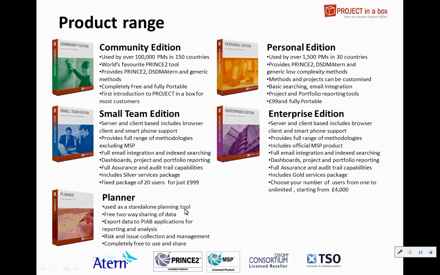And the last part of this picture is Planner. Planner is provided free across the entire range, to encourage people to collect and manage their plans, risks and issues in a more structured, professional way. It can be used very lightly, or in a more heavily structured way and personalised to match the particular way you calculate and collect your risk and issue information.